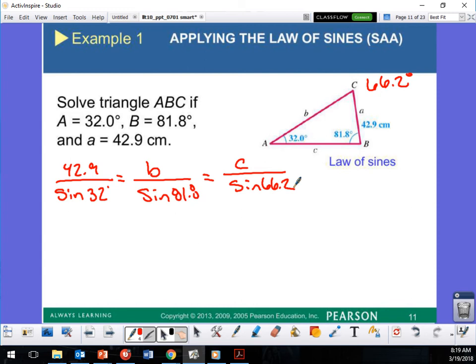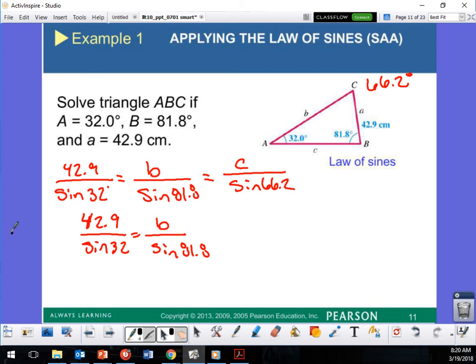Since we know one pair, I know all of A's, so I can solve one of the other ones using cross products. I'm going to start by solving for b. I'll set it up as 42.9 over sine 32 is equal to b over sine of 81.8.